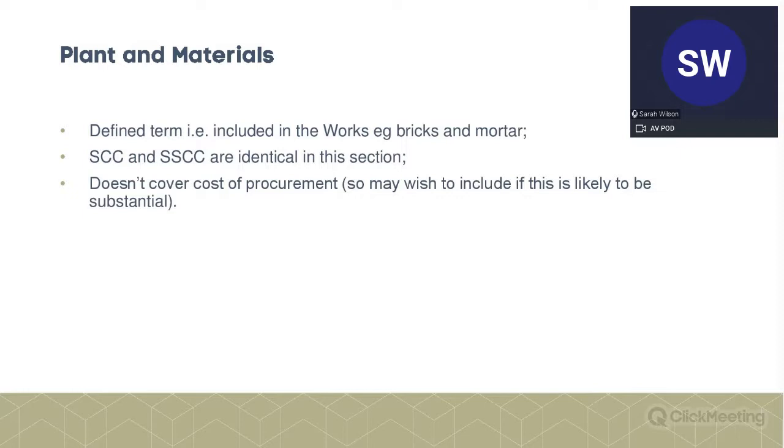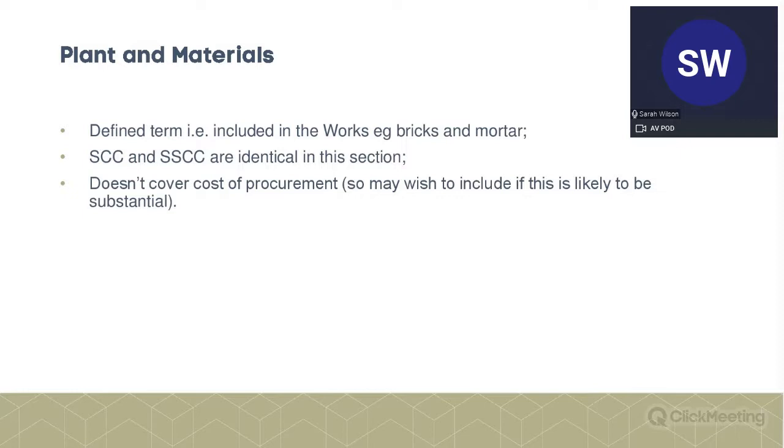What you should note, particularly for big projects, is that it doesn't cover the cost of procurement. So, relevant to contractors and subcontractors. If there is going to be a substantial procurement exercise, you might want to include that as an extra cost by amending the contract, or alternatively, I suppose, factor it into your fee percentage.